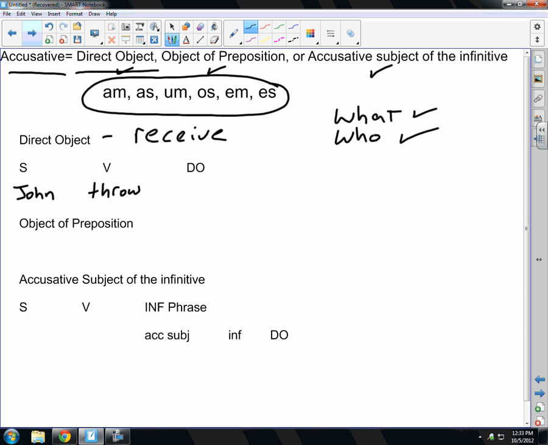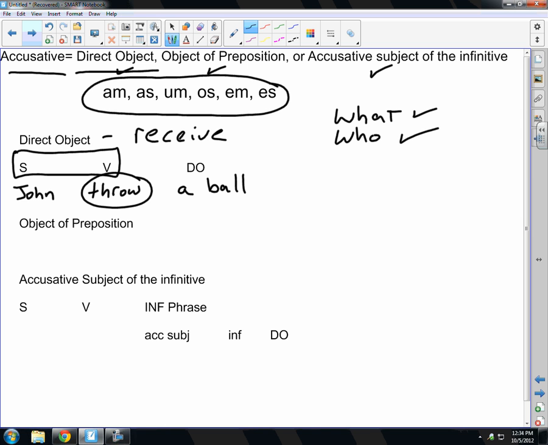Who does he throw? Well, he throws a ball. That is a direct object. If you give me a subject and a verb, the direct object will answer the question, what or who? That's all a direct object is. It receives the action. What or who?